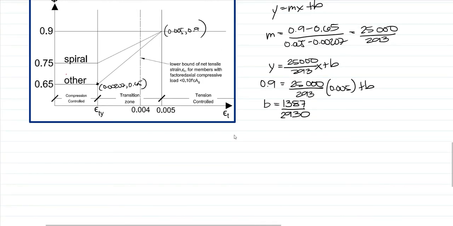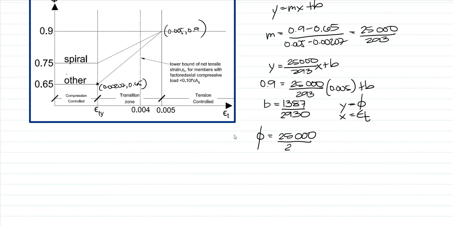I-set na lang natin na yung y is equal sa reduction factor and yung x is equal dun sa epsilon sub t na nakuha natin. So, that will be the reduction factor is equal to 25,000 over 293 epsilon sub t plus our 1387 over 2930.